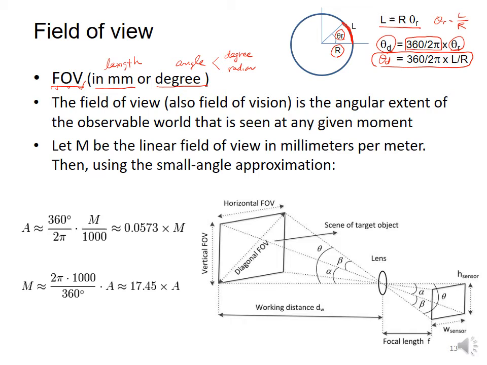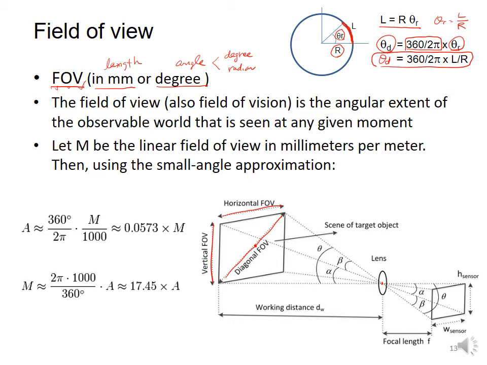In the figure below, the distance from the lens center to the target object is the working distance. FOV can be expressed as a vertical FOV, a horizontal FOV, or a diagonal FOV. This can be expressed as a length in millimeters or an angle in degrees.